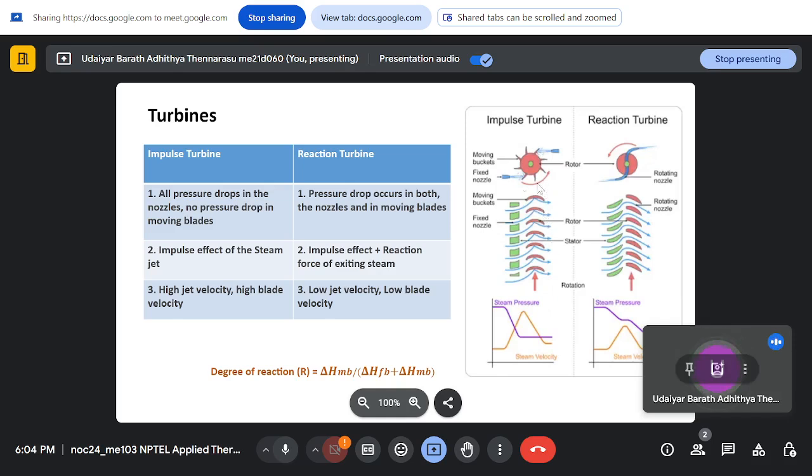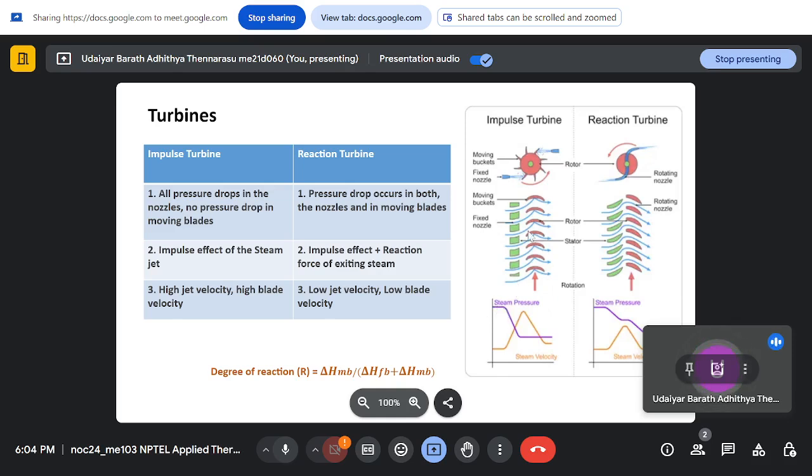These are the buckets mounted on the rotor. The nozzle is fixed, and the high pressure steam flows through this nozzle and gains velocity. At the bottom, this purple or blue line is your steam pressure. Initially the pressure of the steam is high.